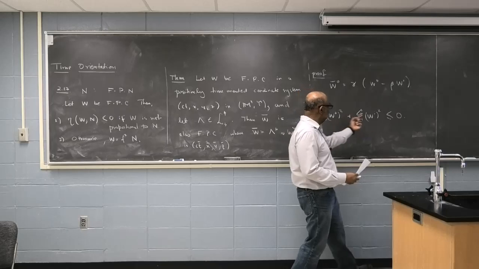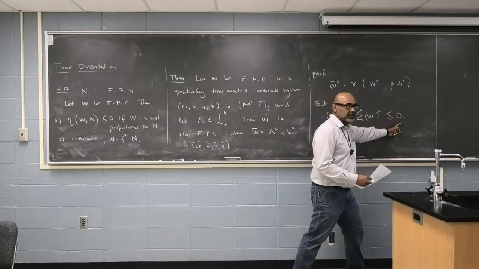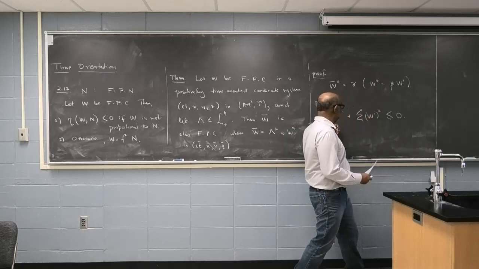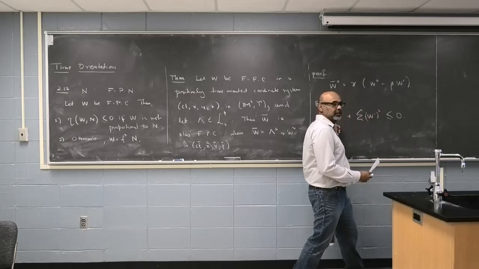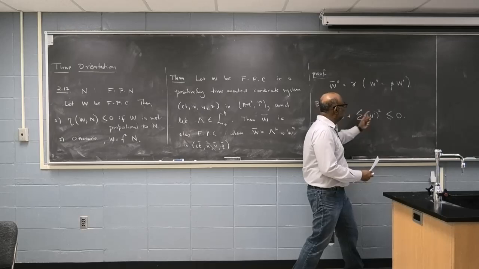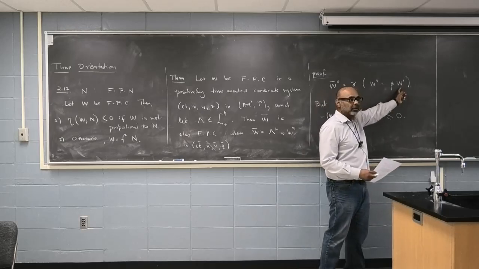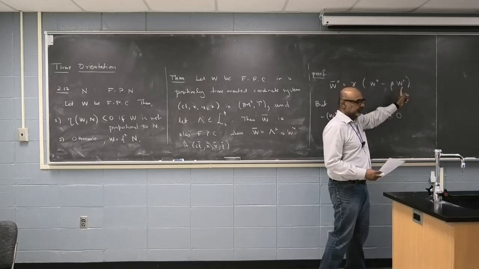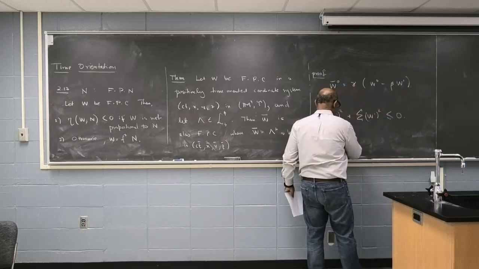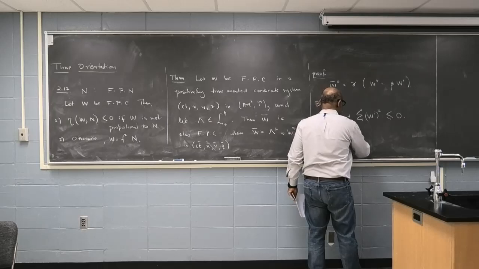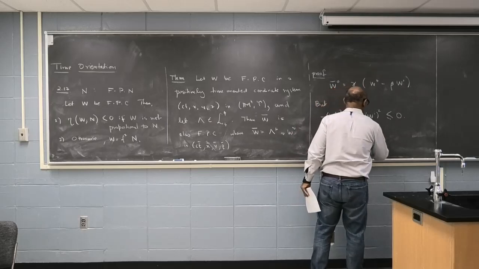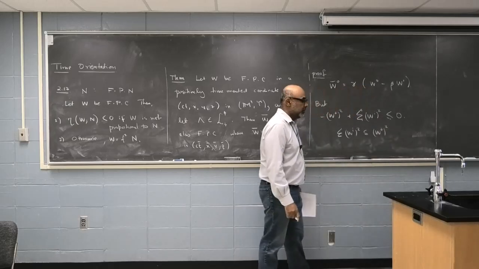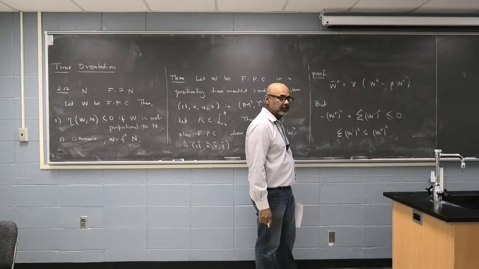That means I can bring this to this side. And if I sum the square, it's less than W0. I'm not summing the square here, I only need 1 component. Yeah?